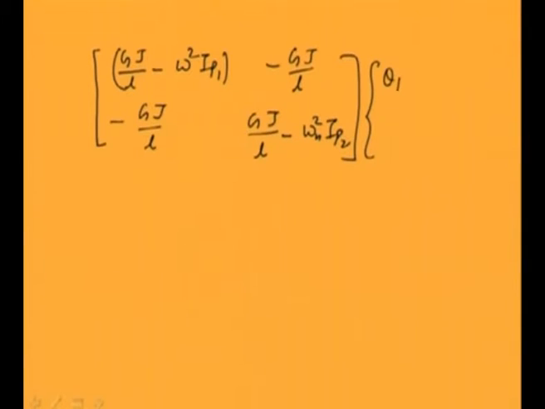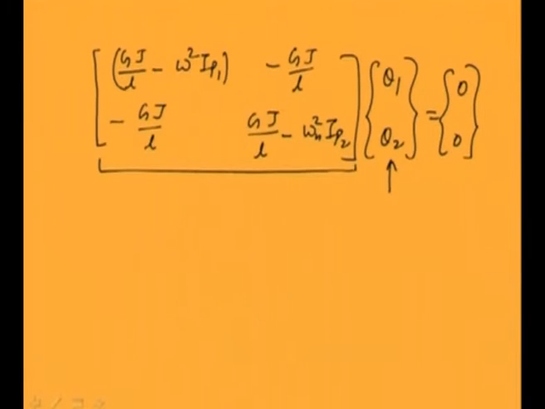And this is a homogeneous equation now, because the right hand side term is 0. Now because this quantity cannot be 0, we have to have this determinant equal to 0.